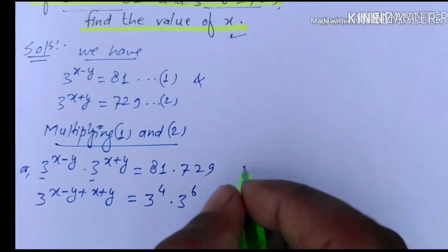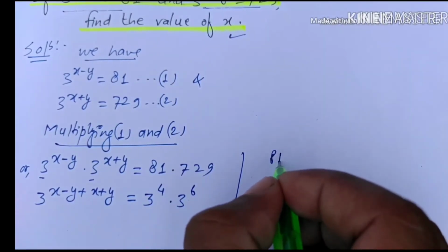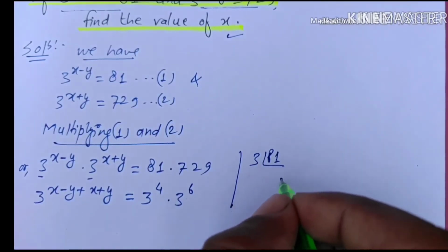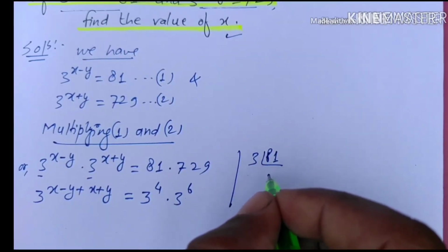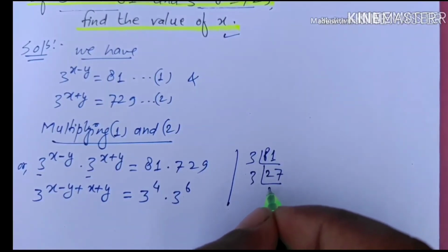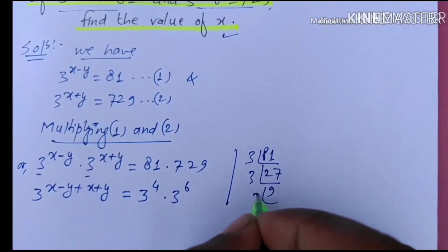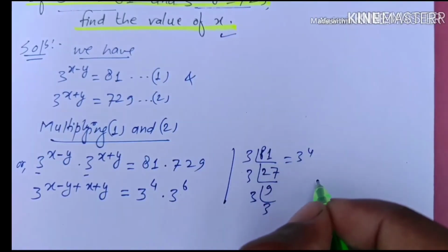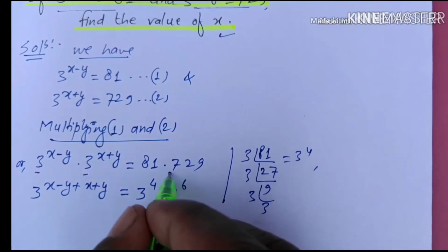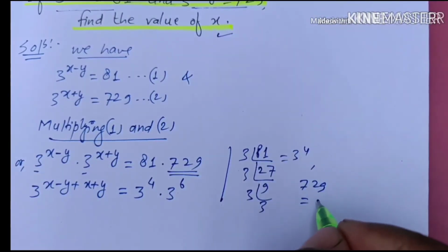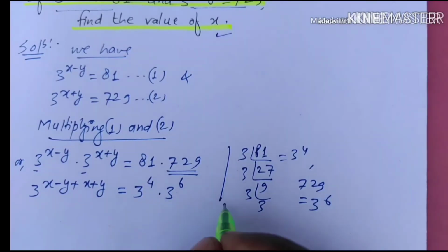It is because you can see that 81 is divisible by 3 only. 3 2s are 6, 3 7s are 21, 3 9s are 27, 3 3s are 9. That is, it is 3 power 4. Similarly, 729 is equal to 3 power 6.